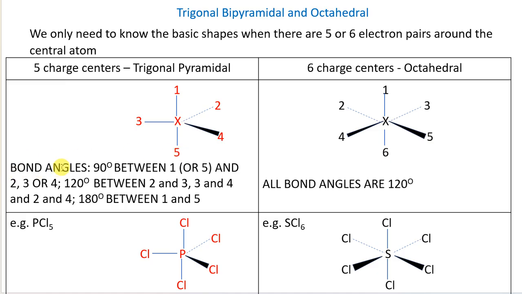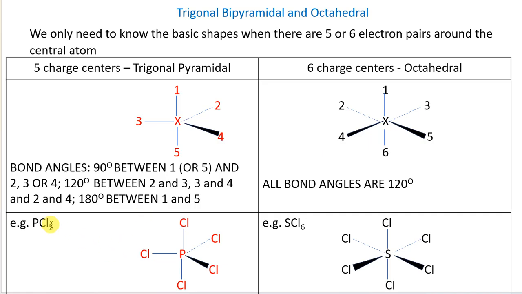1 and 5 are above and below that plane. So my bond angles: 90 degrees between 1 or 5 and any of those 3 in the plane, 120 between any 2 bonds in the plane of the molecule, and between 1 and 5, because 1's above and 1's below, 180 degrees.